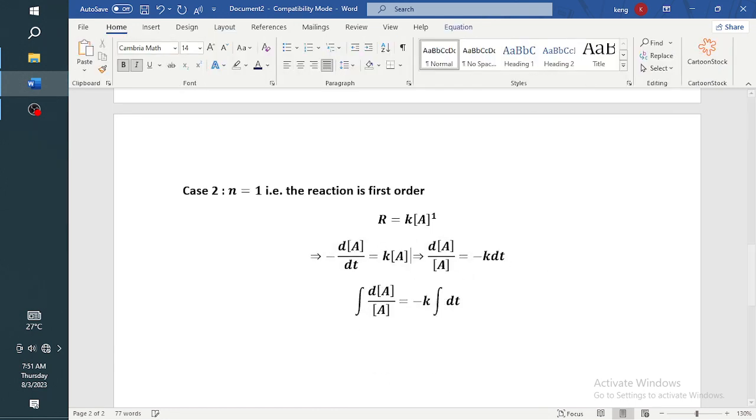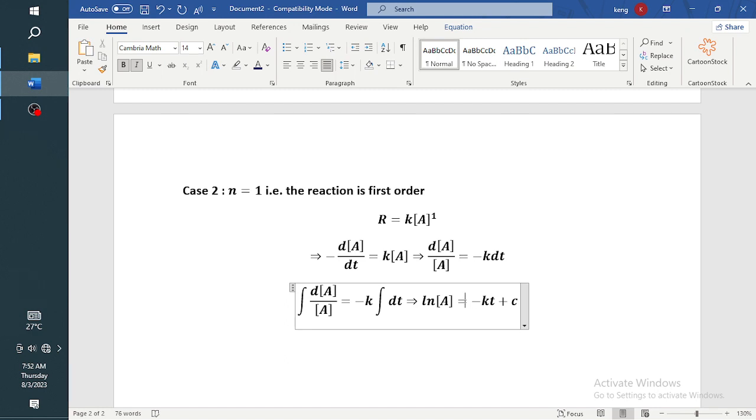Alright, so let me just put this up here. Now if I integrate dA over A, I'm just going to get ln of the magnitude of A, but the concentration is always positive, and I'm going to equate it to negative Kt plus a constant of integration.